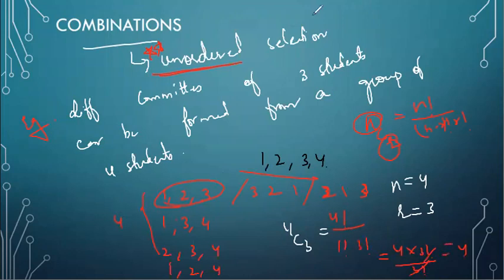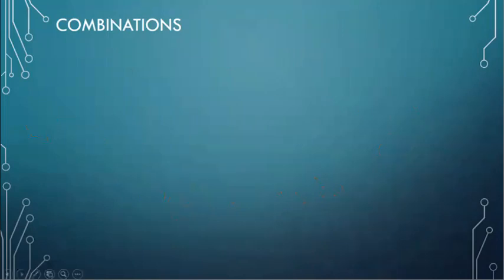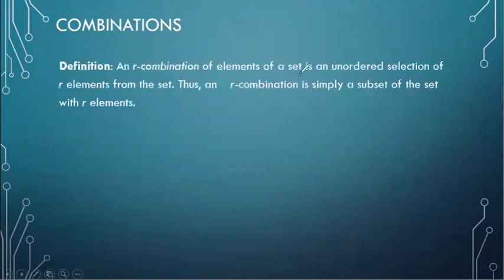Now let's see the definition for the same. An R combination of elements of a set is an unordered selection of R elements from the set. Thus, an R combination is simply a subset of the set with R elements. So whenever we are speaking about combinations, we can also define it as a subset of our set S with how many elements? R elements from the total N elements.